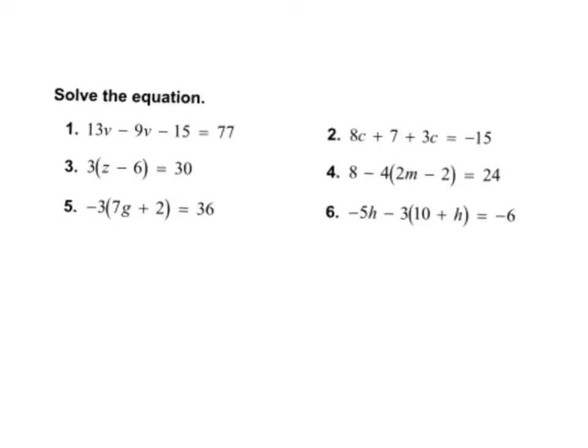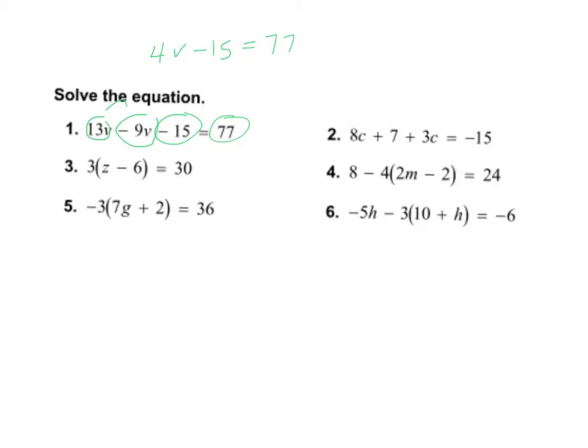So whenever I solve problems like these, I like to figure out what the terms are. And so the terms on the first one are 13v, negative 9v, negative 15, and 77. So 13 take away 9 is going to leave me positive 4v, minus 15 equals 77.